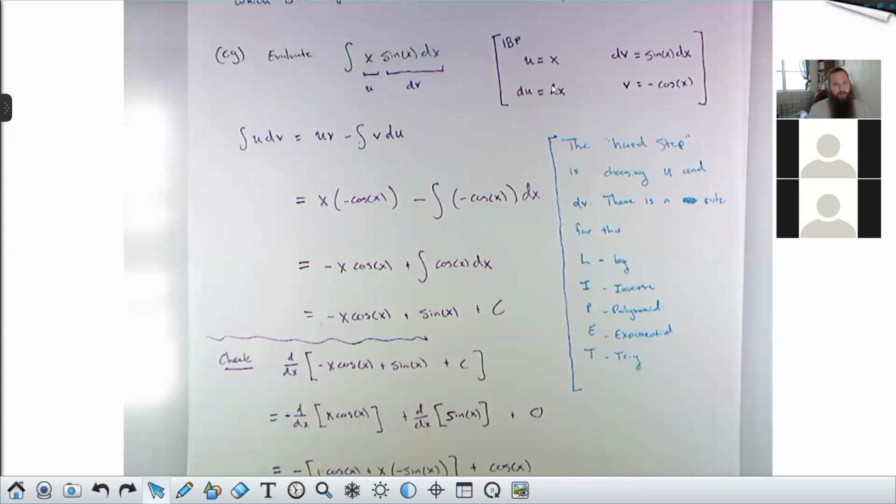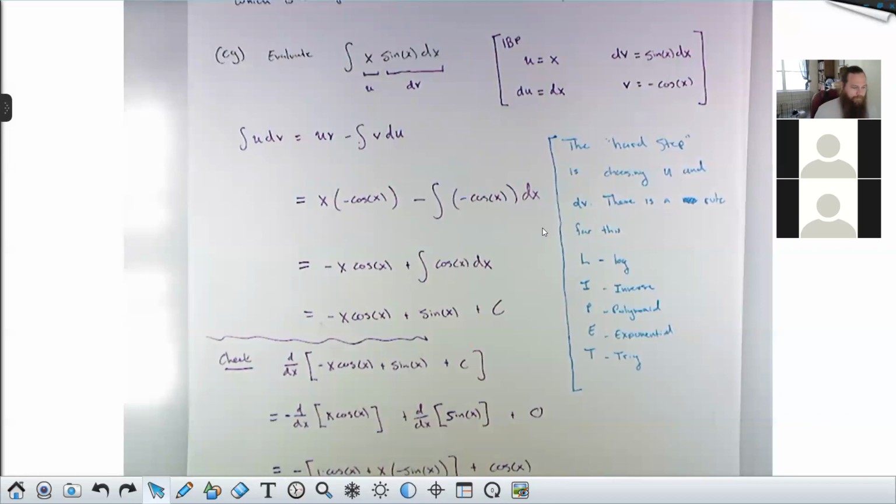From there, it's very mechanical. You just fill out your table with your choice of u and dv. You calculate du from u, you calculate v from dv, and then you plug into this formula. And again, the hope is that the integral you get out is easier than the integral you started with. If it's not, you want to go back and try something else.